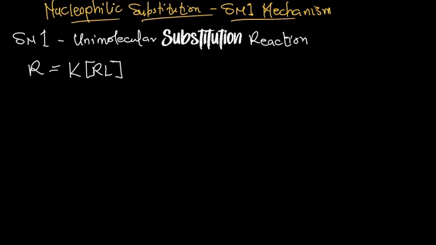Alright, so that means the K here is a rate constant. The R is a substrate, and the L is the leaving group.